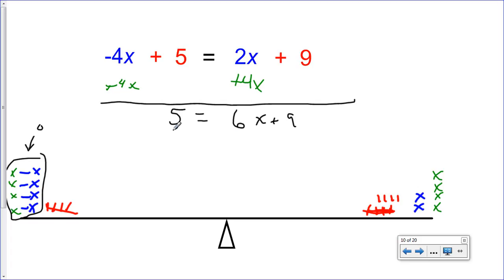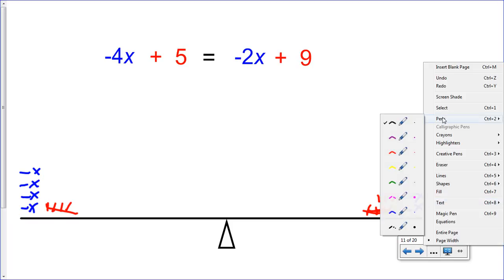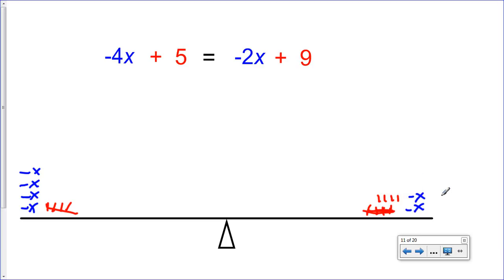And actually, you can play this game some more with the balancing. We could cancel out these 9 positives with 9 negatives, and we have to add 9 negatives over here. We could do that, but that's not my purpose right now. Alternatively, let's cancel out these 2 negative x's over here with 2 positive x's. I'll add 2 positive x's over here as well.